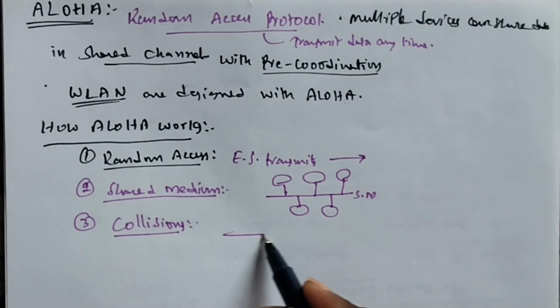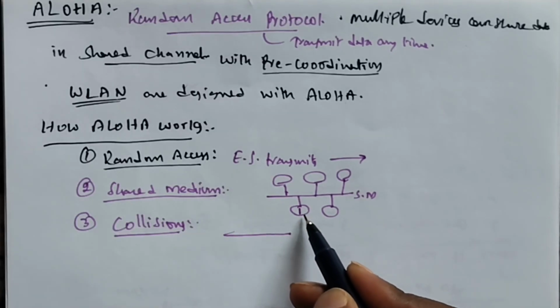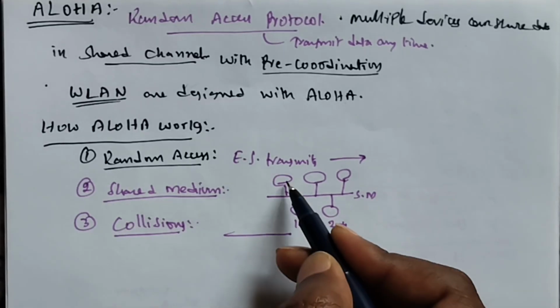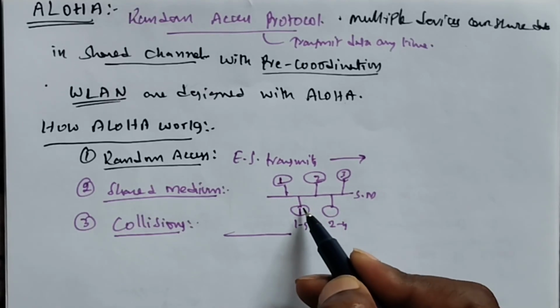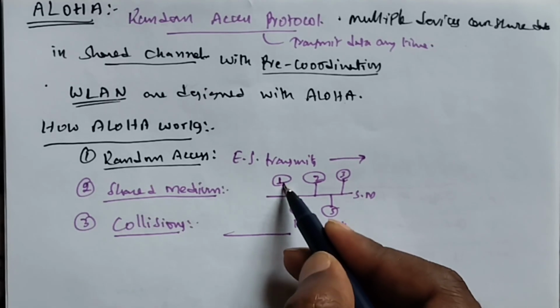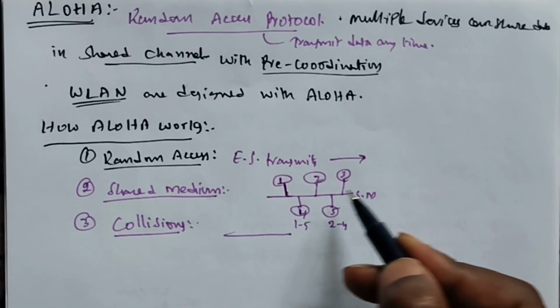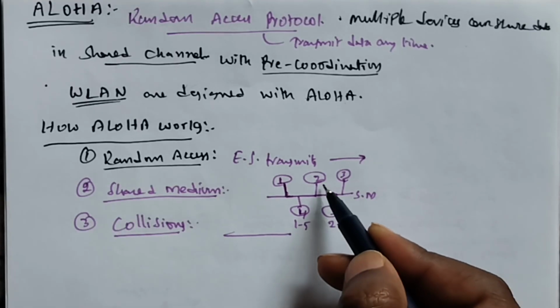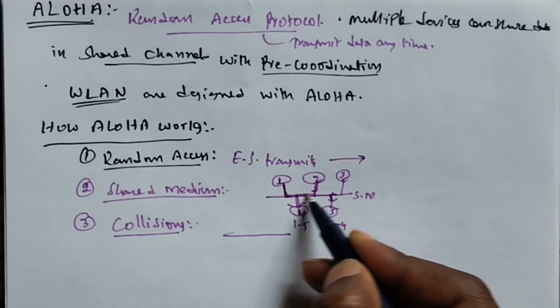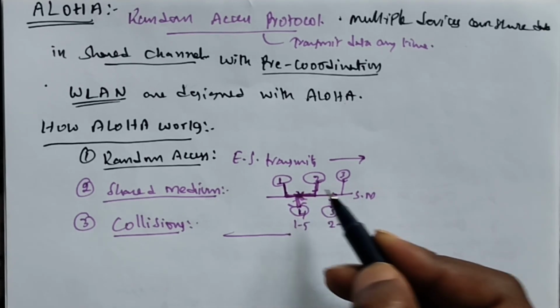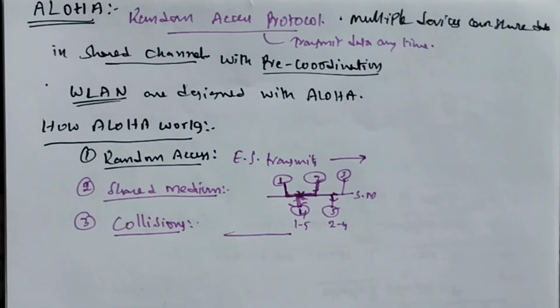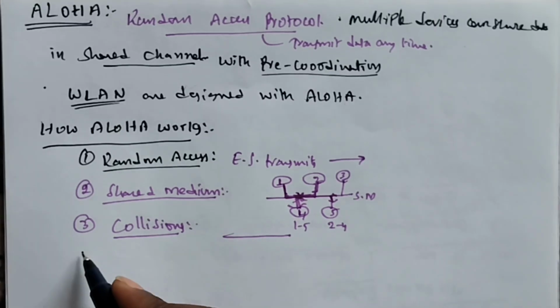See here, in the same network, 1 is sending the data to 5 and 2 is sending the data to 4. There are stations 1, 2, 3, 4, 5. 1 is sending the data to 5. At the same time, 2 is sending the data to 4. What happened here? Collision occurred. So when two or more stations transmit the data at the same time, their data packets will collide and be corrupted or destroyed.